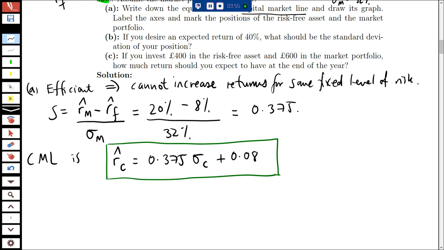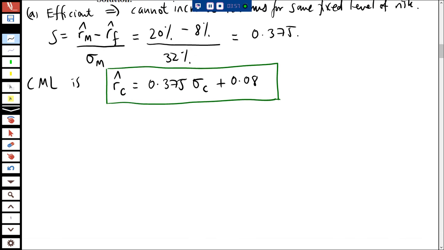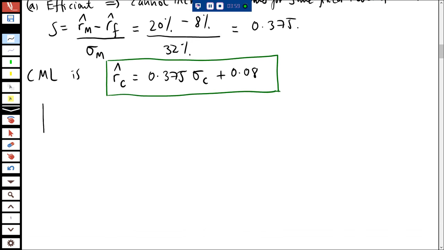Okay, so we need to plot this. So a simple plot. Capital market line looks at the risk on the x-axis and the expected return on the y-axis. I think it'd be quite useful to put on the opportunity set here.